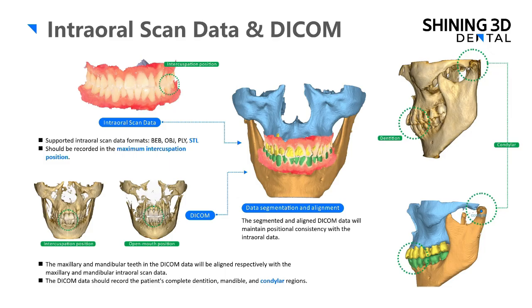And the maxilla and mandible teeth of the DICOM data will be aligned separately with the maxilla and the mandible intraoral scan data. The DICOM data should record the patient's complete dentition, mandible, and condylar regions. That's a requirement we put for the DICOM file we import if we want to use the mandibular trajectory tracking and also the other functions.